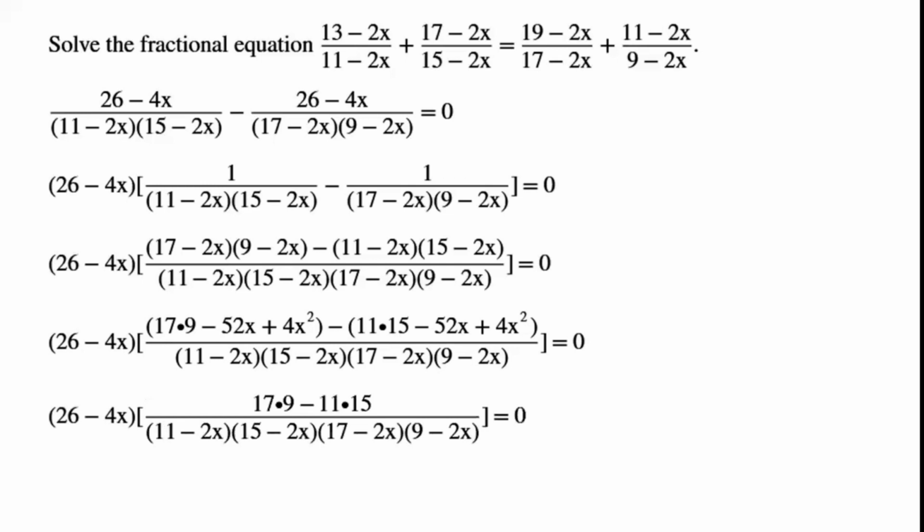By simplifying the numerator, we can now write 17 times 9 minus 11 times 15.